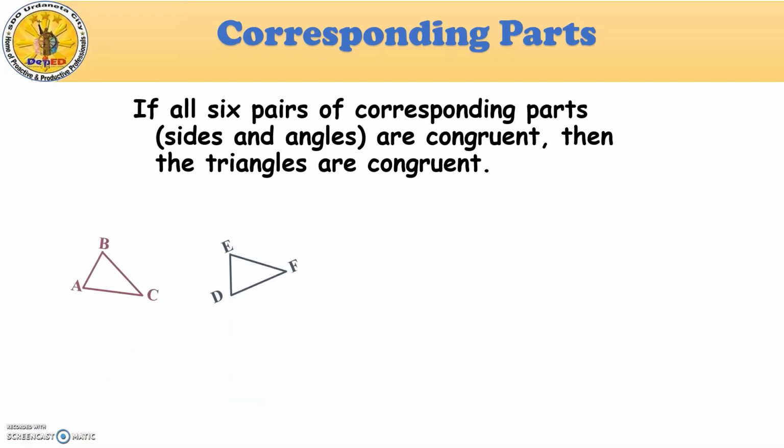So here we have 2 triangles, ABC and DEF. Let's prove that the 2 triangles are really congruent. Is triangle ABC congruent to triangle DEF?